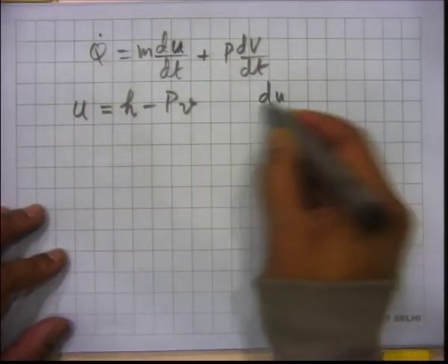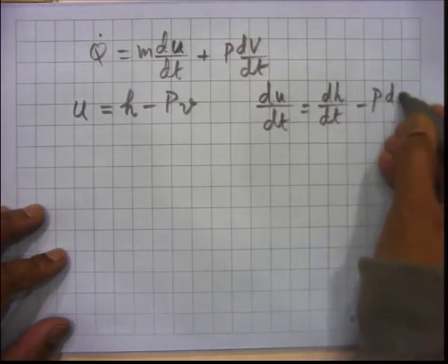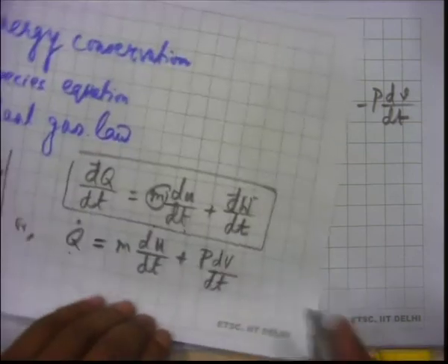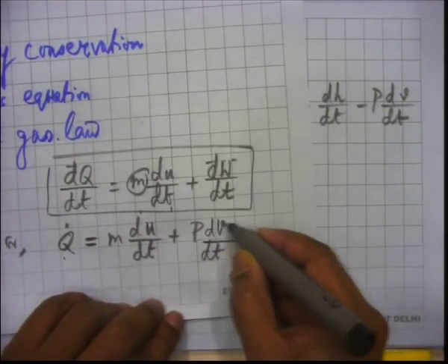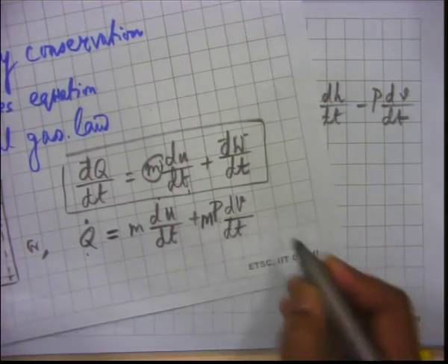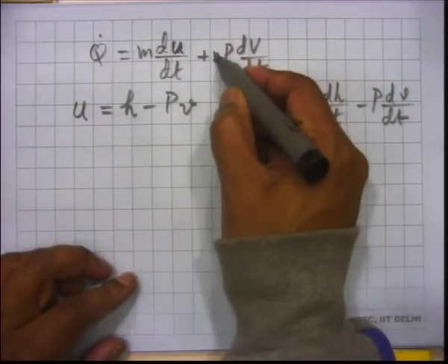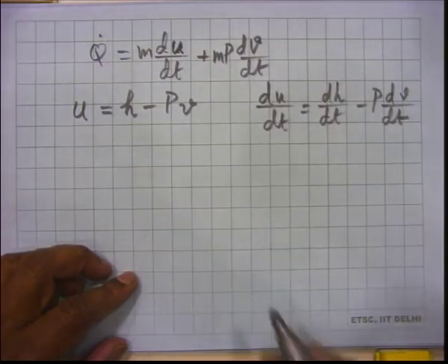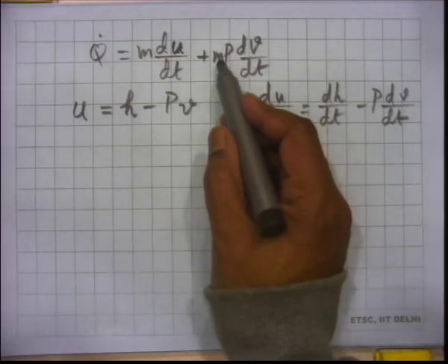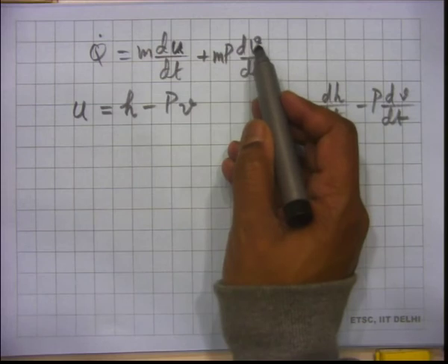So, this du dt is dh dt minus p dv dt. I think I should have written this as a small v. No, this is small v into m. That is easier. So, you either write capital V or you write m, the mass, times small v here.